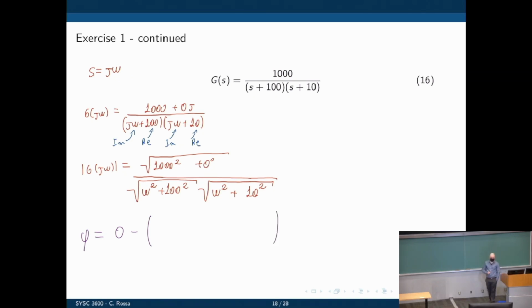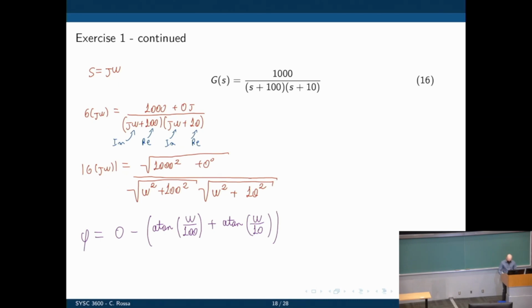The phase of the first one, s plus 100, is the arctangent, the inverse tangent of the imaginary part, which is omega, divided by the real part, which is 100, plus the phase of the other pole, which is arctangent of omega over 10. Imaginary part divided by the real part.